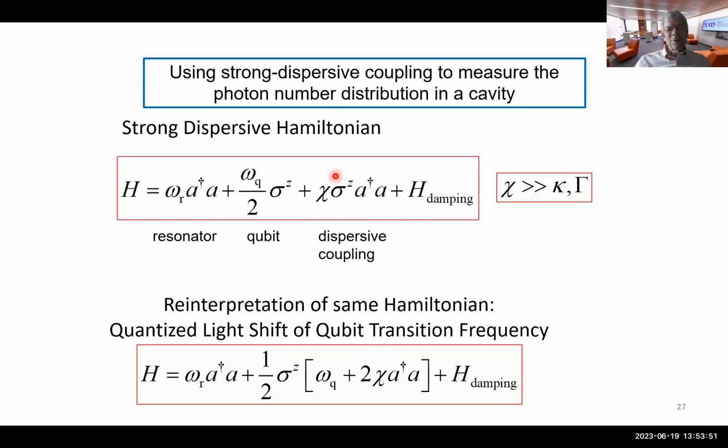And let's reinterpret this very same term, saying, no, it's not the coefficient of A dagger A that depends on sigma Z, it's the coefficient of sigma Z that depends on A dagger A. It's the same term, but now we say the coefficient of sigma Z is just the qubit transition frequency. And so the qubit transition frequency changes by 2 chi every time I add a photon to the resonator.